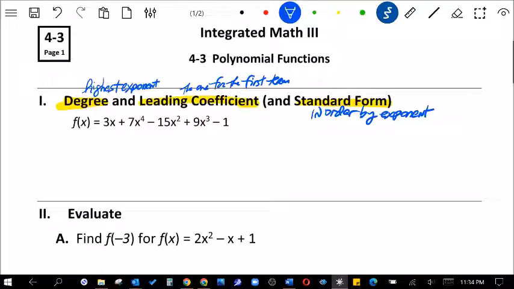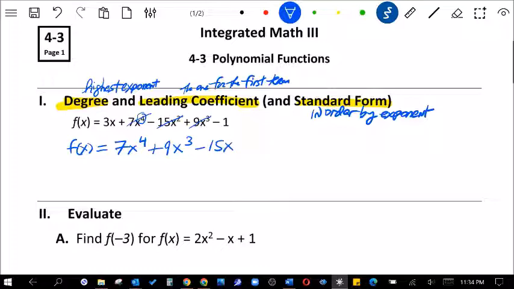So we see that the largest exponent is 4. So that has to be put first. So I'm going to rewrite it with that put first. And then that's gone out of here. And then this next one is because it's the next largest exponent.